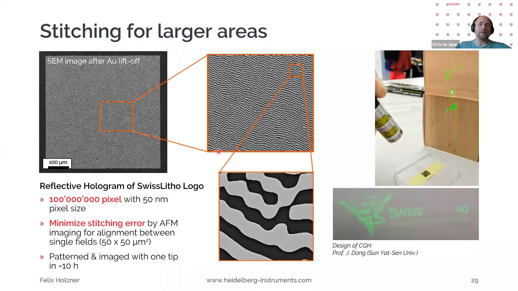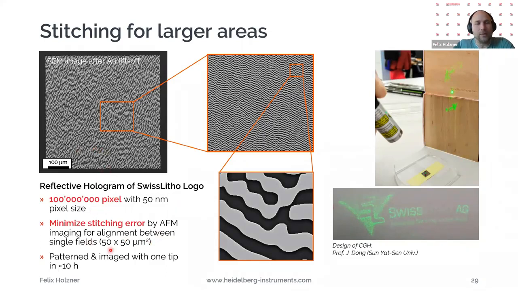Okay, but the laser doesn't help you much if you have structures like this where you need high resolution features all over. This is a 500 micron sized refractive hologram consisting of a lot of pixels. Here we actually also had to stitch fields together. Our writing field is 50 micron.